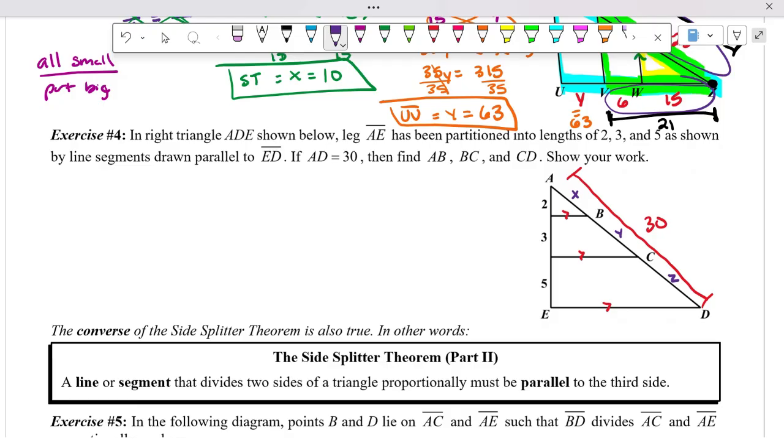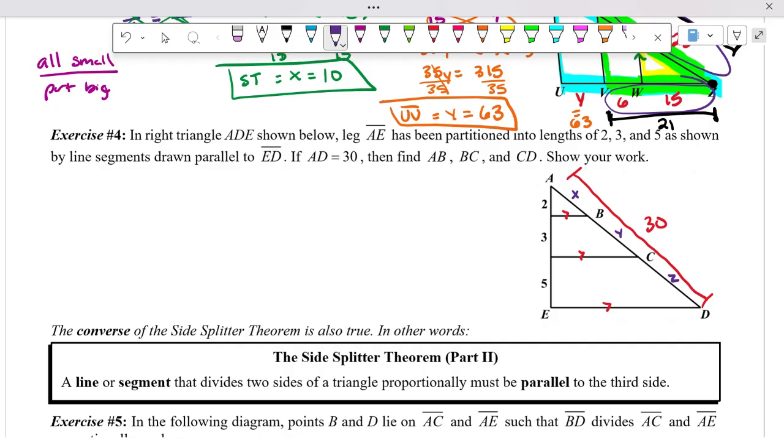Now, to give us a hand, this is a little bit different first. We don't actually go straight into side splitter. We have to use something that we did earlier with our warm-up this morning in order to get one side that we can then do side splitter from.